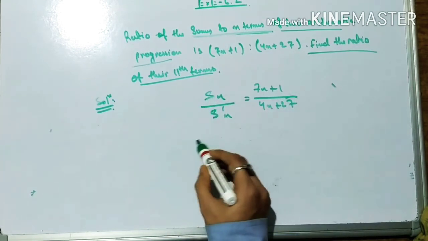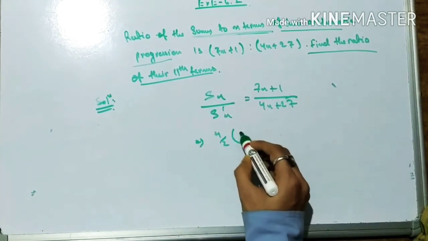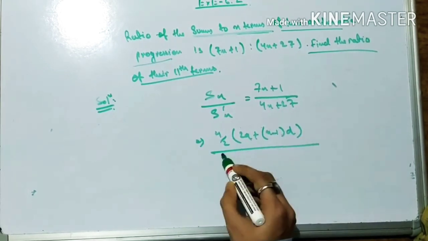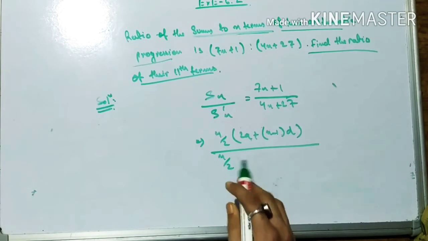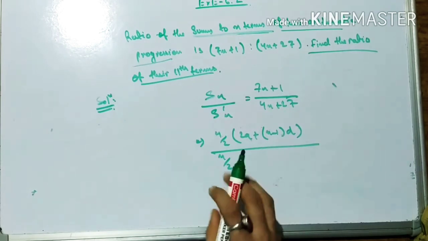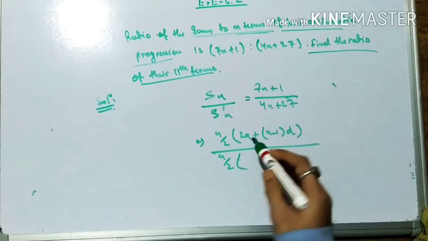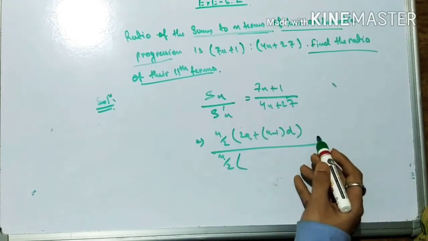Now if I break this into the formula, I will get n by 2 (twice a plus (n minus 1) d) by n by 2 (twice a dash plus (n minus 1) d dash). n will remain n only because the number of terms is the same. But since they are two different APs, the first term and common difference will be different.